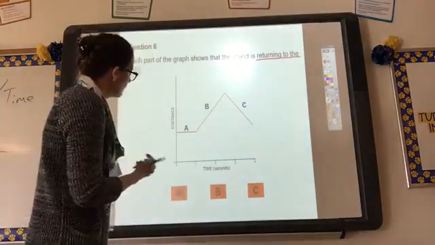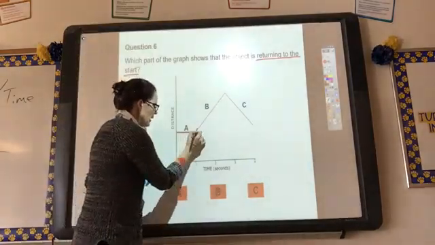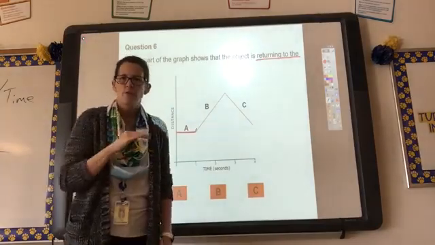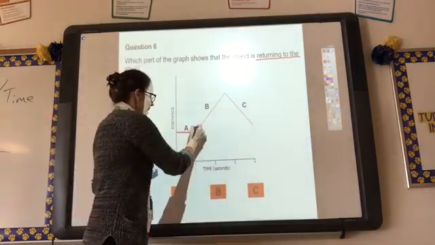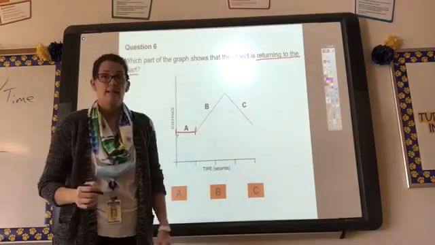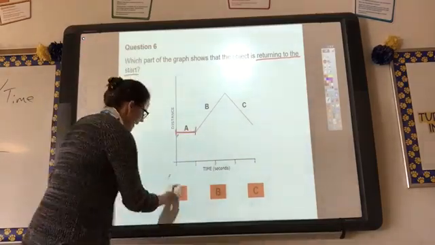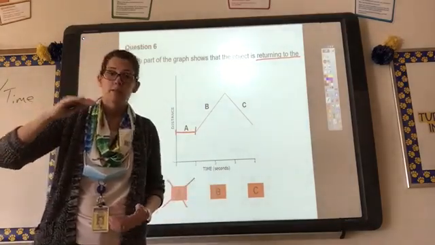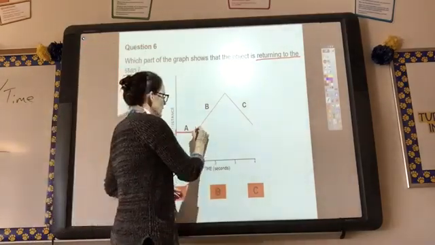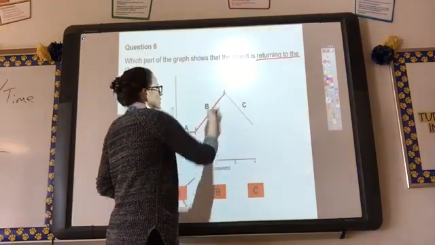Well, let's see. A is just a line straight across, straight horizontal. Well, we've already talked about that. If we've got a horizontal line, that means that it's at rest, right? So it can't be A, because at A, the object is at rest. Well, let's look at B. So B is this line right here, okay?